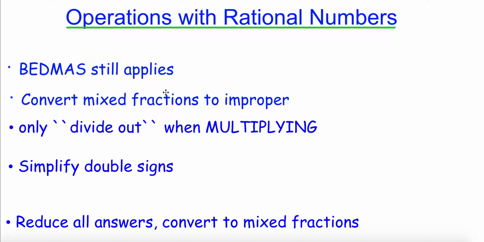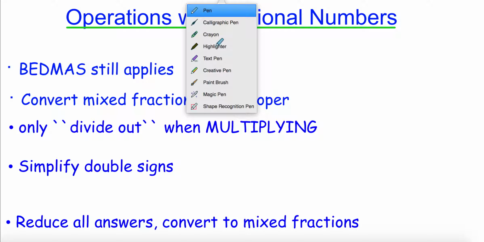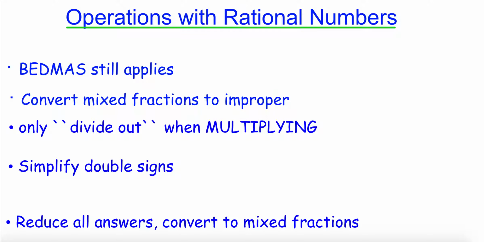So first, we always want to make sure that we are getting rid of our mixed numbers first, because we don't want mixed numbers, and only divide out when multiplying.